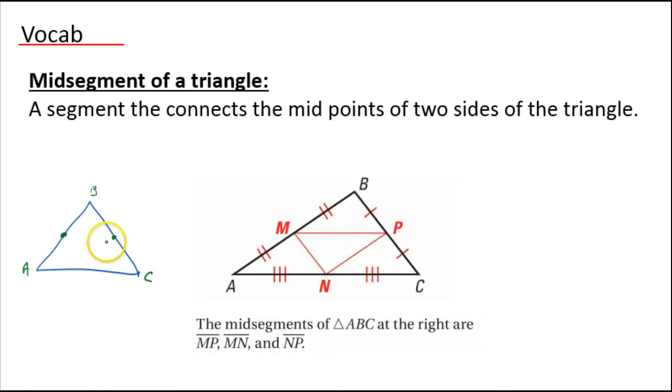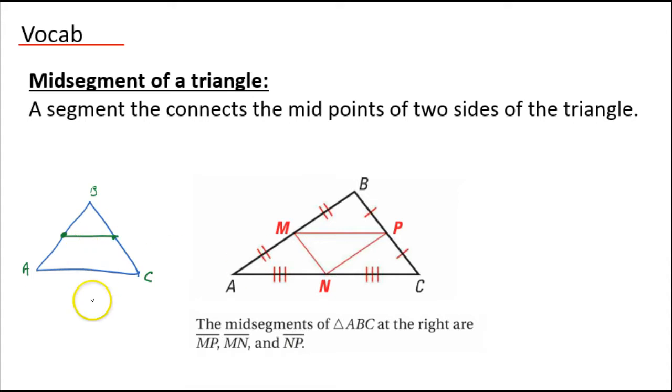That would be somewhere here. If I connect those two points to create a segment of its own, then this segment is the midsegment of this triangle. So essentially a midsegment of a triangle is just a segment midway between the triangle.